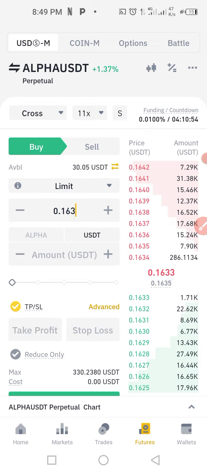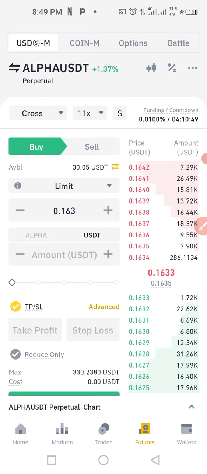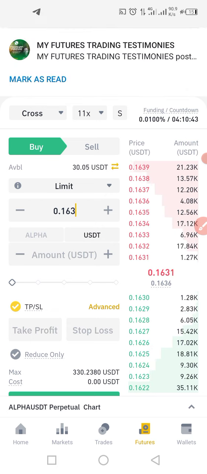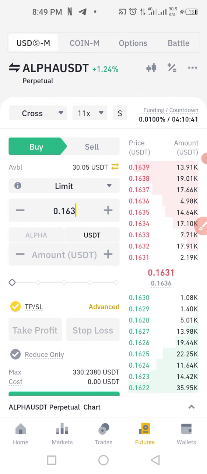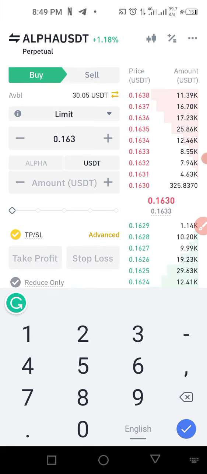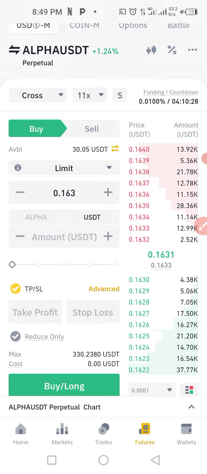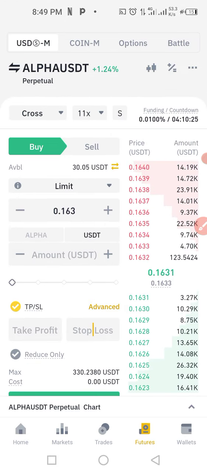If you set up a trade, you enter a trade, and the trade asks you to input your stop loss and take profit, this is where you input it. You input the value here, then you input the value for stop loss. I will still make a video on how to set up your stop loss and take profit. So that is that.